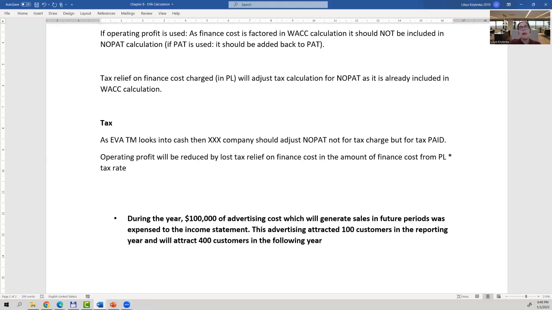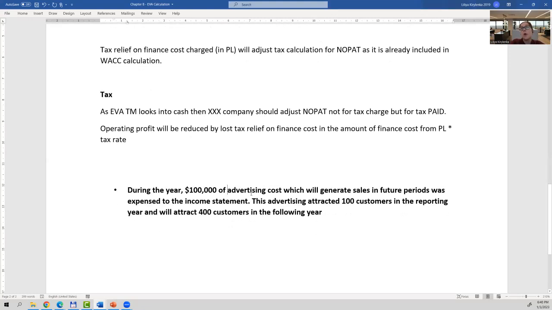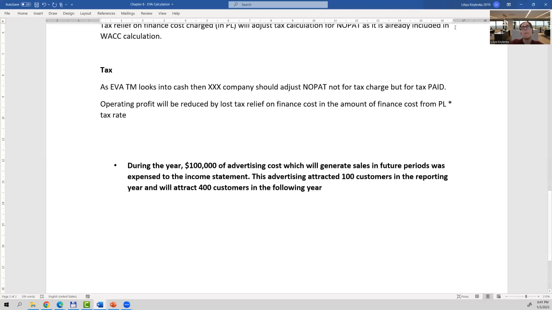So what does it mean? Well, this is exactly what we mean when we say that advertising is going to create long-term value, because it only attracted 100 customers in this year, but the major benefit will be in the following year, so it will be later.